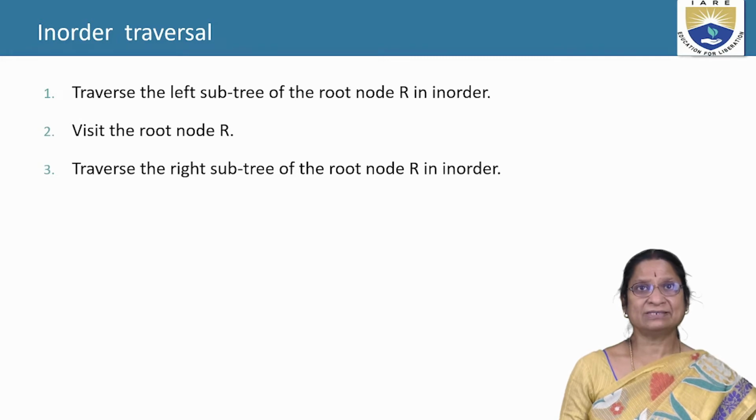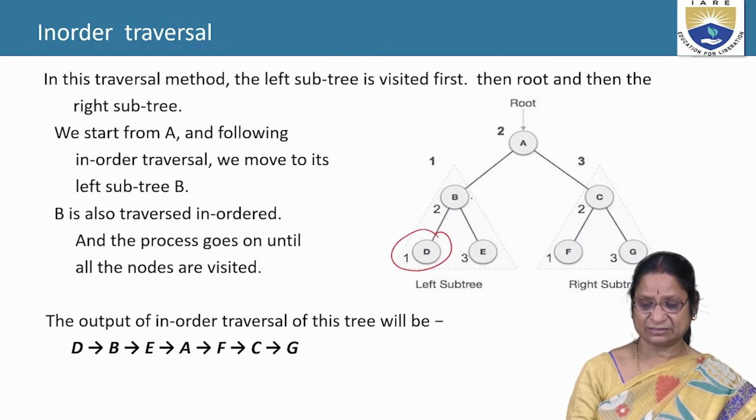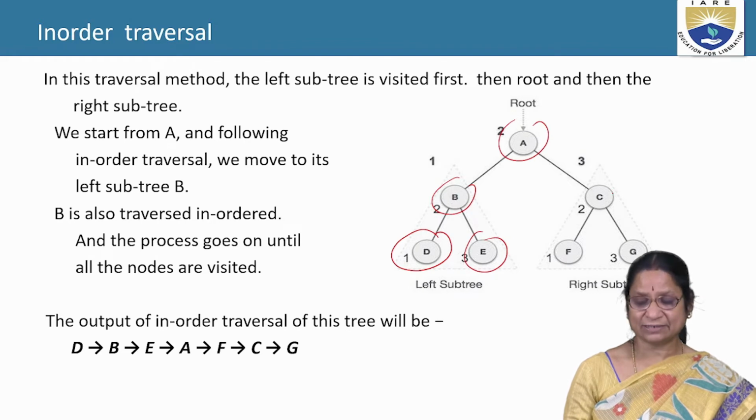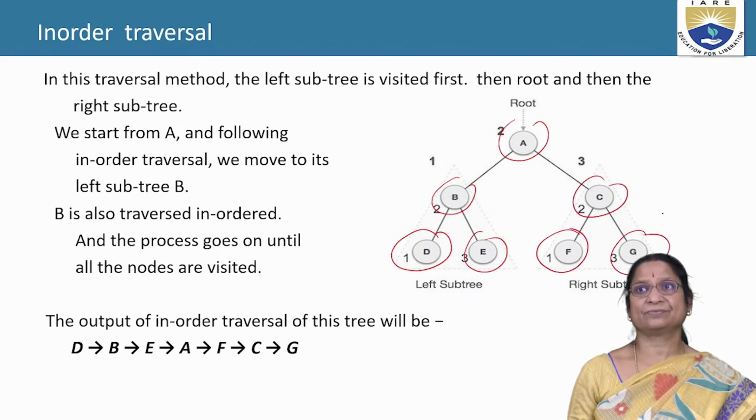In-order traversal: traverse the left subtree first, then visit the node, then traverse the right subtree. That means first I have to traverse left, and in this also left. That means D will be first, then root, then right. After left is over, then root, then right. In this right also again left, root, right.